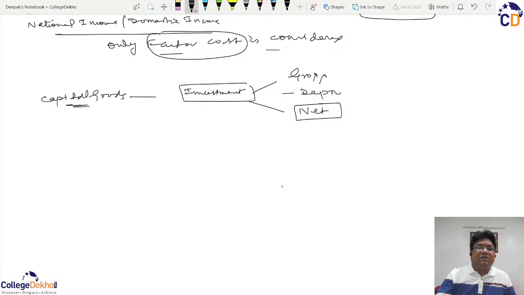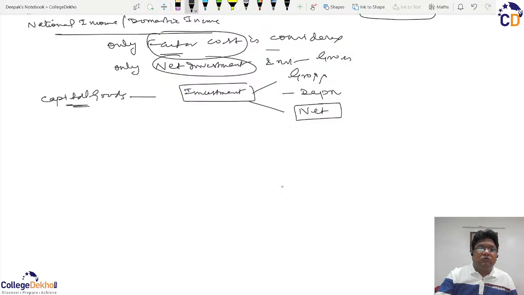So another important point is that national income is also always to be taken only at the figure of the net investment and not the gross investment.